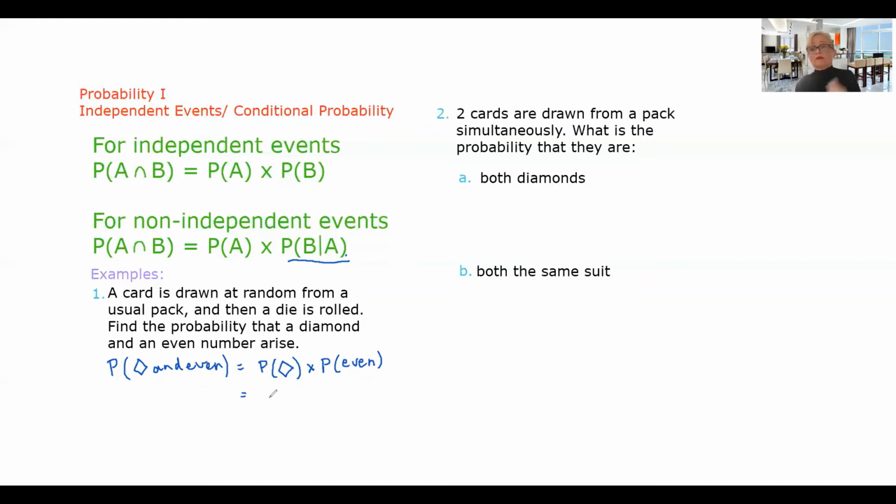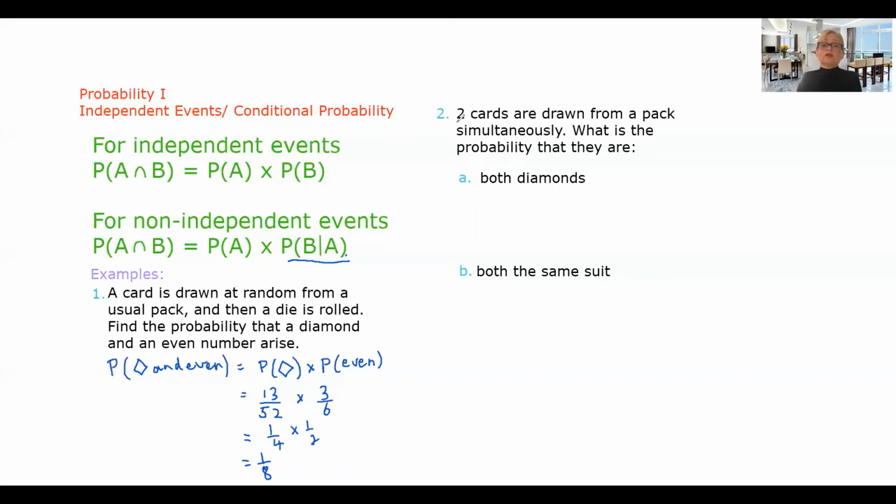What you get from the pack of cards has nothing to do with what's going to happen on the die, okay? Probability of getting a diamond, well, we've got 13 diamonds out of our 52 cards, or you could just remember that that's a quarter because it's one out of the 4 suits. Even, well, 3 out of your 6 are even. So it's a quarter times a half, which is an eighth. So the probability of getting a diamond and an even number will be 1/8.